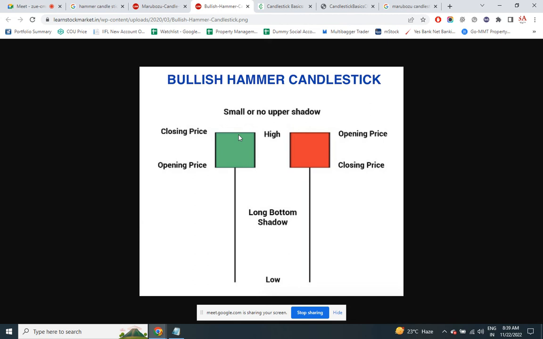Similarly for the red one, suppose bad news has come. That means the bad news was not during the market, it was before the market opened. Let's say the market has not opened yet, but suddenly breaking news comes: Russia has attacked Poland. Everybody is ready with their sell orders, that as soon as the market opens they have to sell the stock.